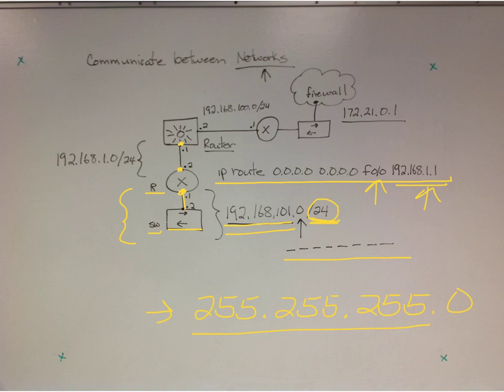So if I was to use another color to show those, this is this interface, and this is this interface. And they're all on this network. I used a /24, the same as down here.